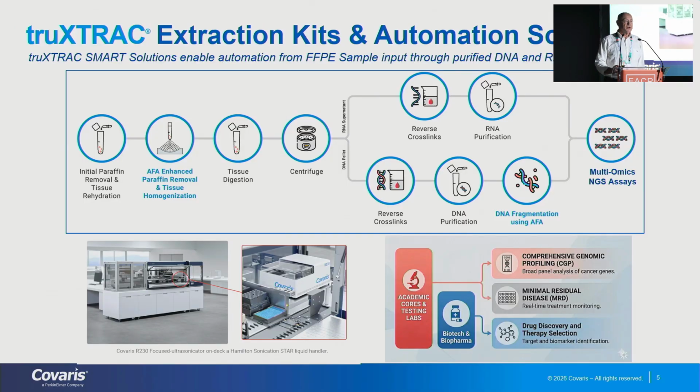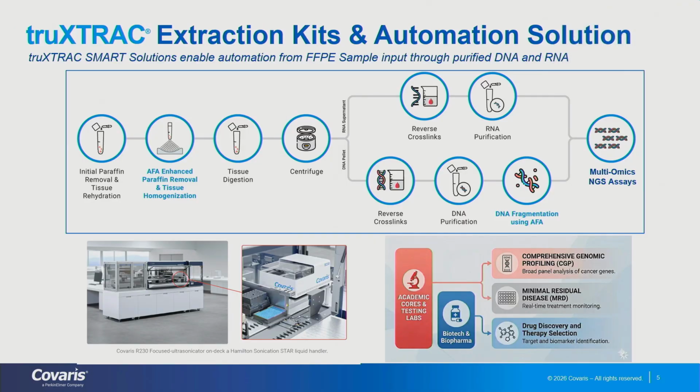But going into truXTRAC, which is our reagents then for extraction of DNA and RNA from FFPE, this is quite a simple workflow, and we use the ultrasonication device then to emulsify paraffin, which is a big difference from other vendors that have organic solvents for the deparaffinization. So in the step here, we use the alpha technology and we emulsify the paraffin, which gets small pieces of the paraffin and the tissue out in an aqueous buffer.